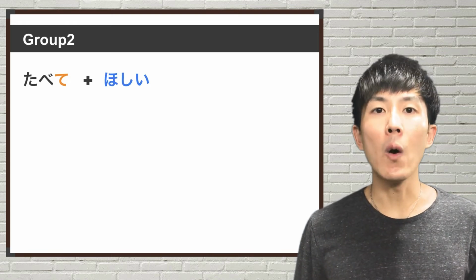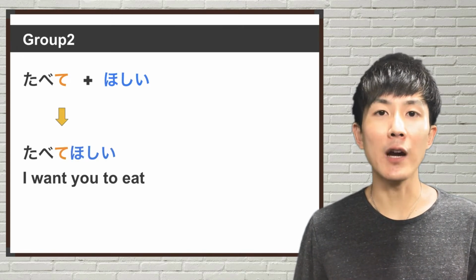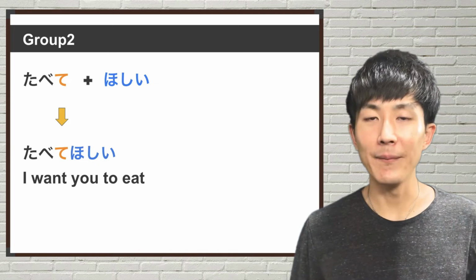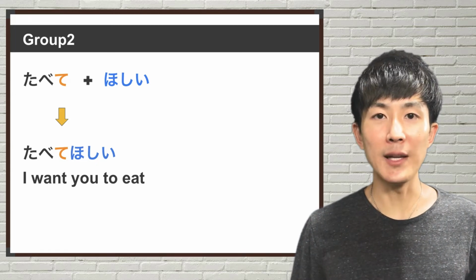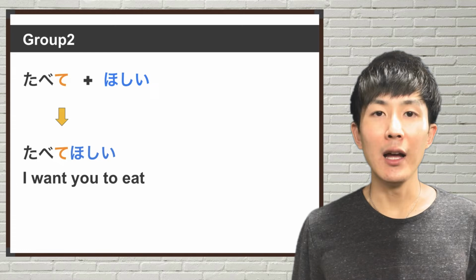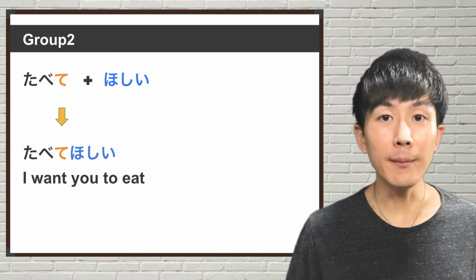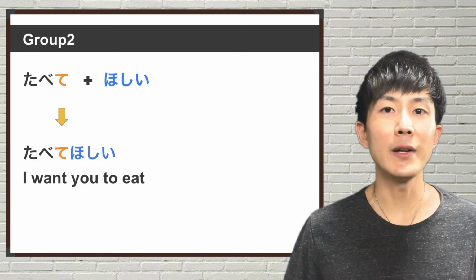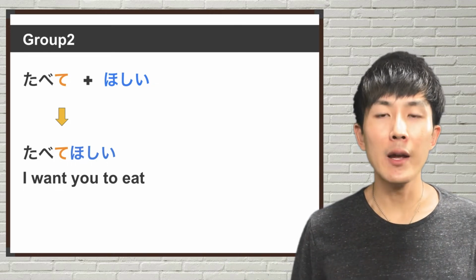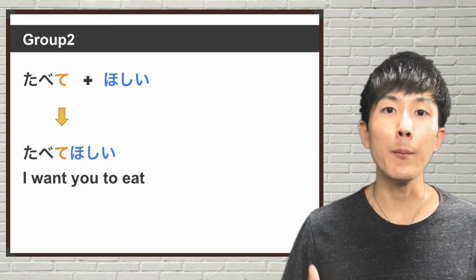If you attach 欲しい to the te form, it becomes 食べて欲しい, which means I want you to eat. So as I said earlier, if you acquire how to make te form, you will be able to express various things like this. That's why te form is very important.